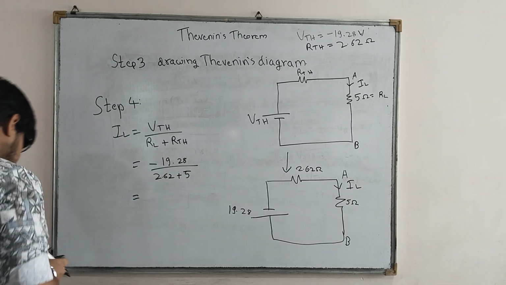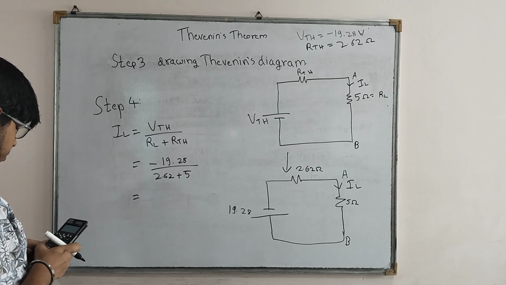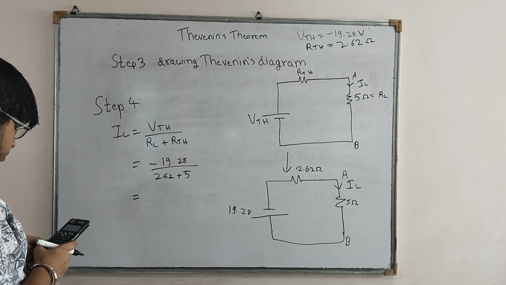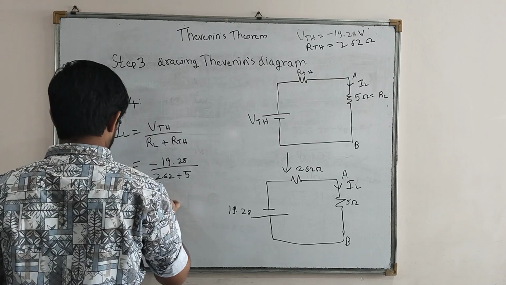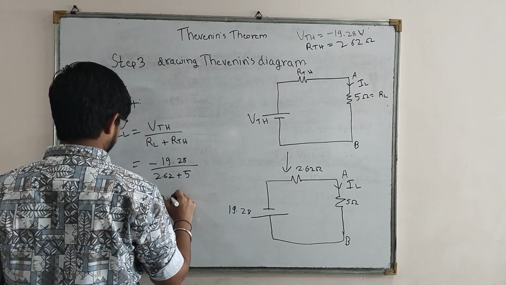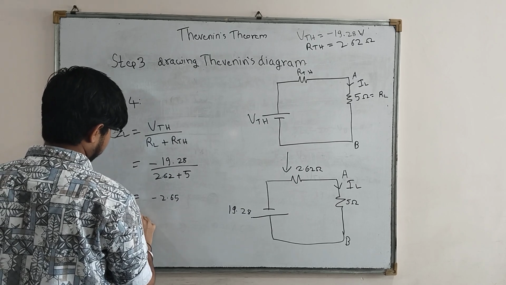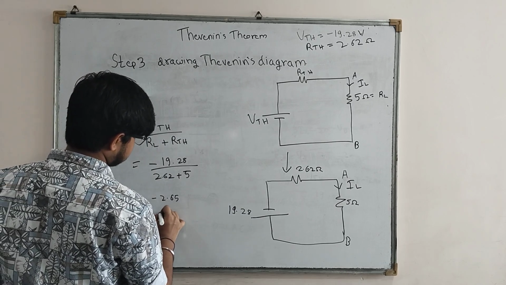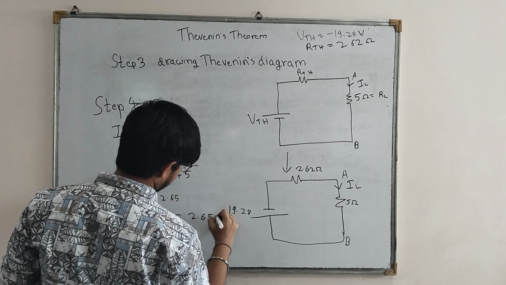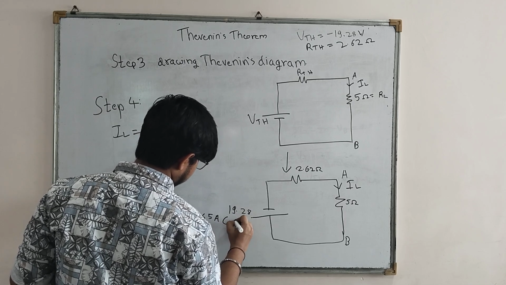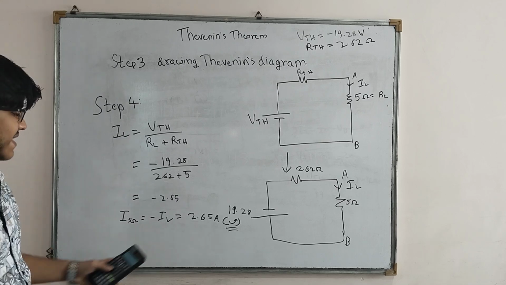Now my answer is, I will calculate it, 19.38. This answer turns out to be minus 2.65. Now the current through the 5 ohm is minus of that of IL, which is 2.65 ampere flowing in anti-clockwise direction. This direction needs to be shown. So this is our final answer.